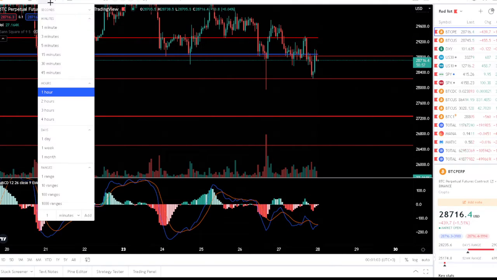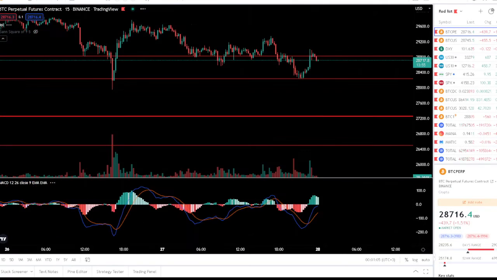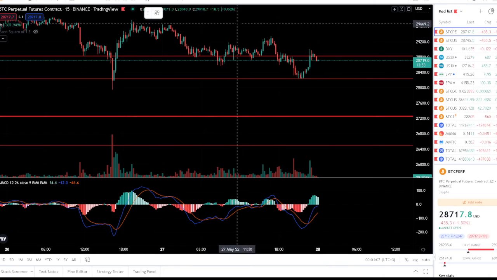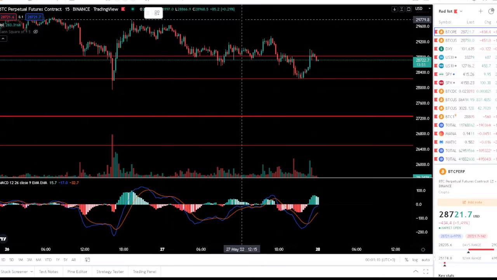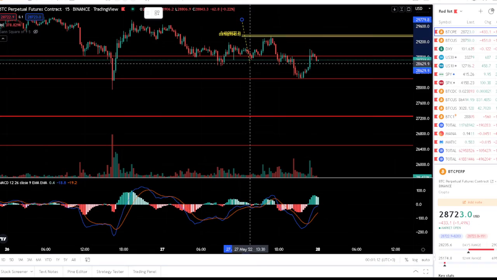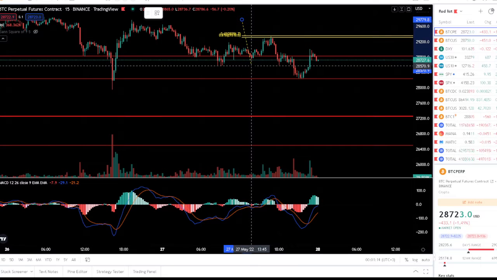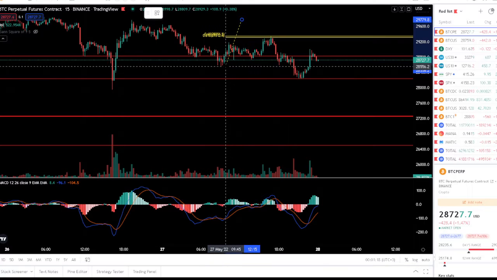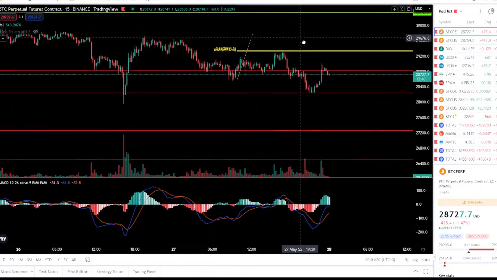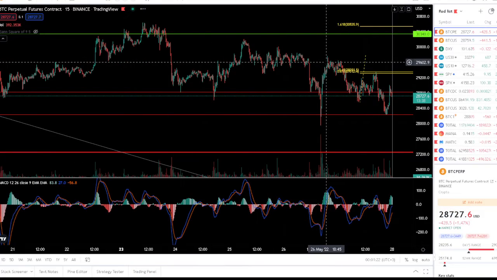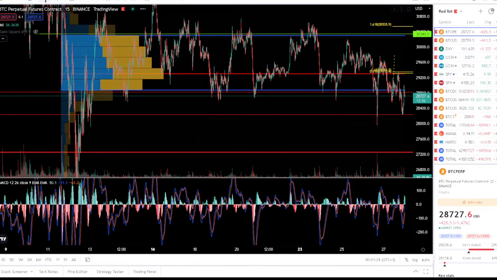If I pull out the Fibonacci retracement tool again, and I take it from this high to this low over here, let's see, does it even align with the point of control?